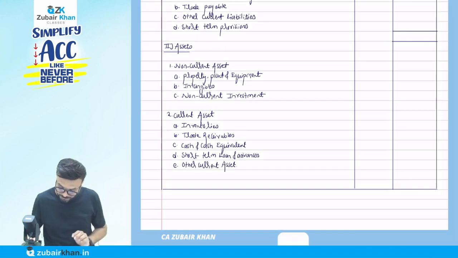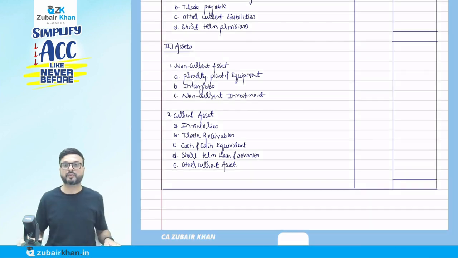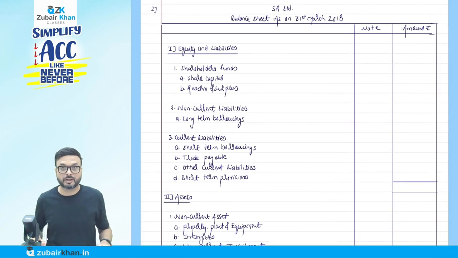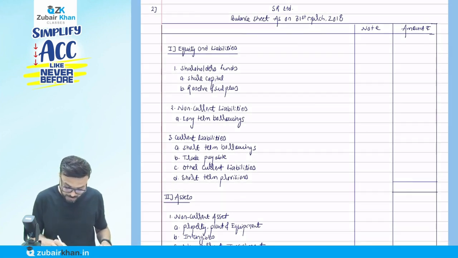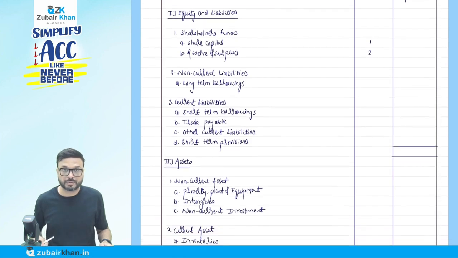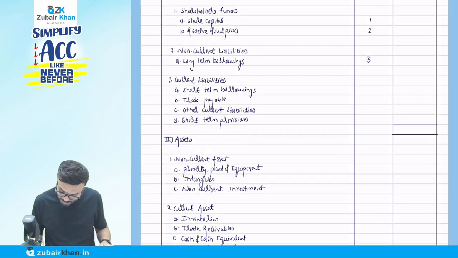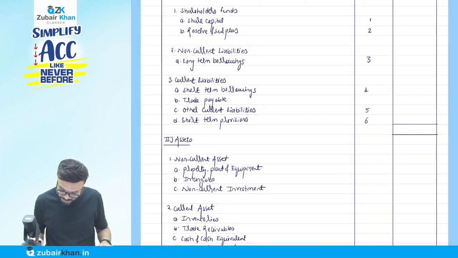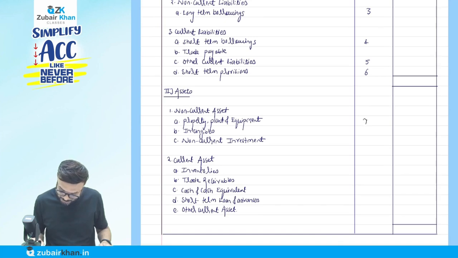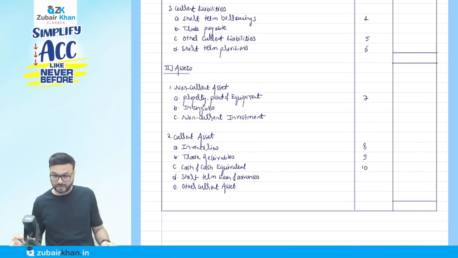Okay, now keep this space of 2-3 lines there because one note we have to write down at the end there. Okay, now we have decided to prepare notes to account on share capital, reserve and surplus, long term borrowing, short term borrowing and other current liability, short term provision, property, plant and equipment 7, inventories 8, trade receivable 9 and cash equivalent 10.